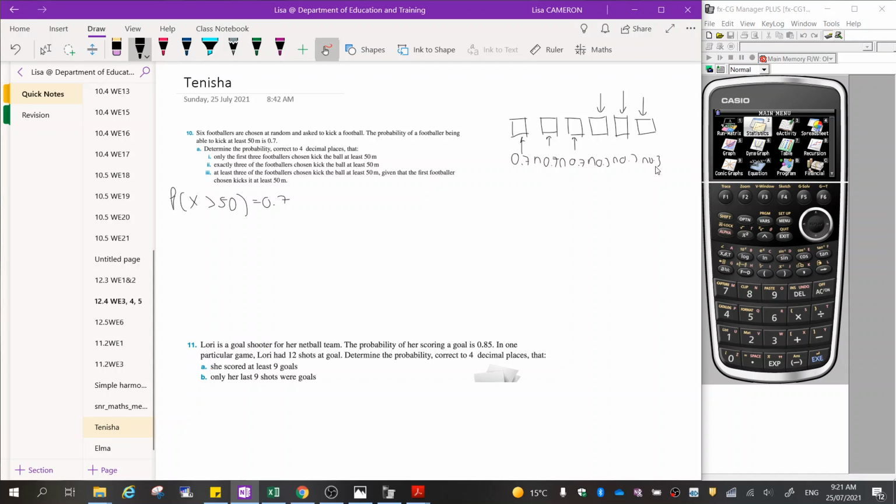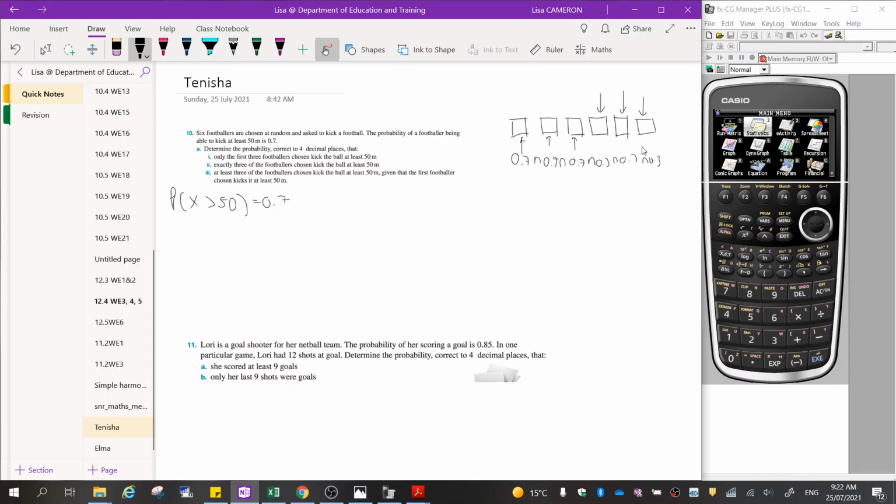This is the only one that exists for it. So it's not binomial probability because it is dictated what order they're going to be in. Binomial probability would be more if you didn't care about what order it was. If you just said 3 of them kick it at least 50 metres, then it could be this guy, same order as this, switch these 2 around, or switch this one and that one around.